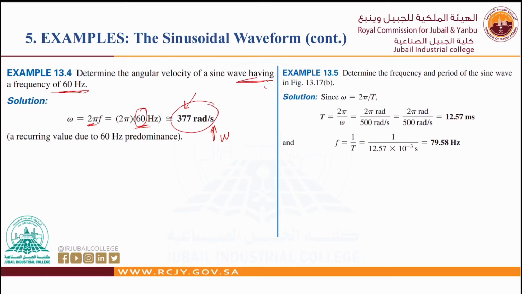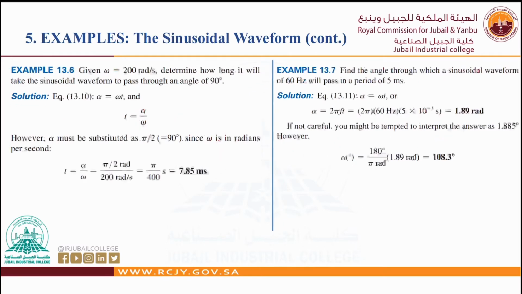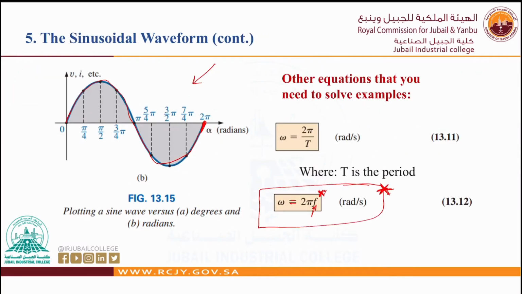Okay. Solution: since omega is equal to 2π over T, I will go back to the formula and show you.